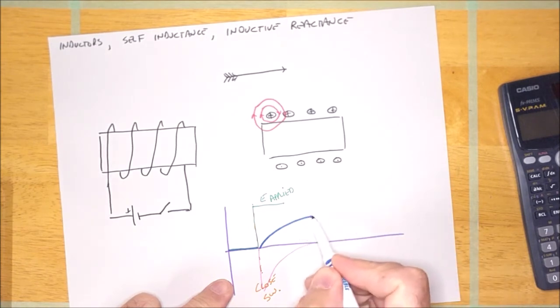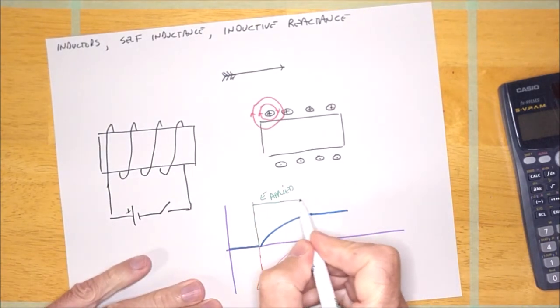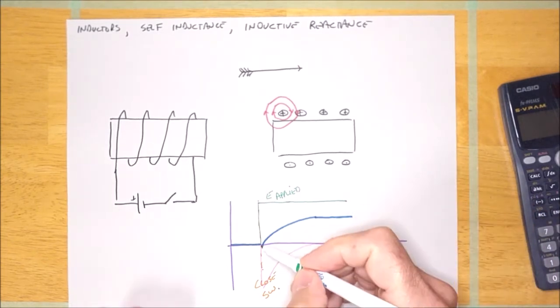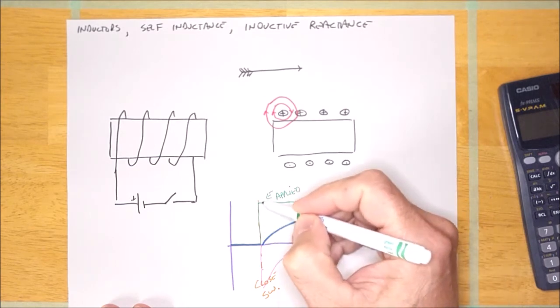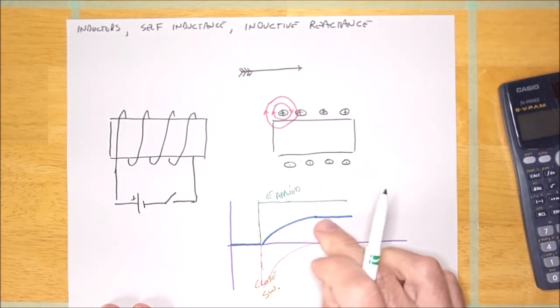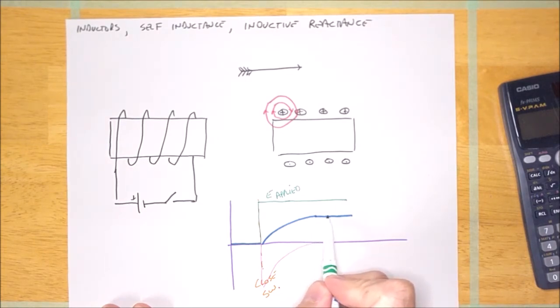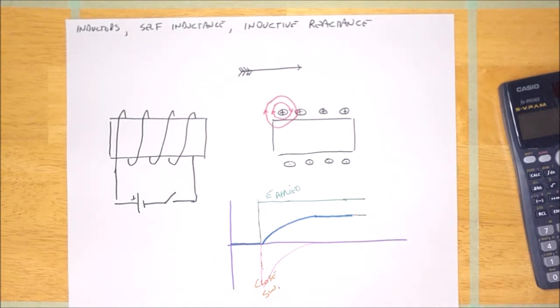Okay, it takes a second to get going. Now, there's this period of time here, guys, where Ohm's law is not applying. But eventually, the current comes up to the Ohm's law value and will continue to flow at the Ohm's law value until such time as I make a change to the circuit.